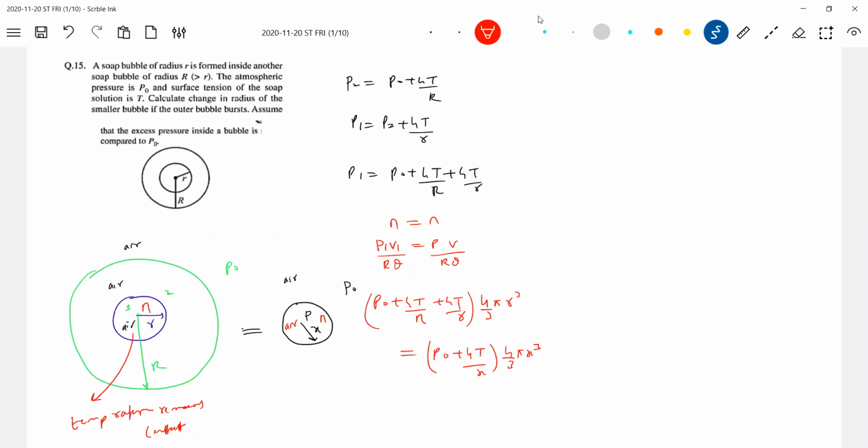So 4 by 3 pi will get eliminated. So we'll get the equation: X cube is equal to r cube times P naught plus 4T by R plus 4T by small r, divided by P naught plus 4T by X. Okay, what to do after this?